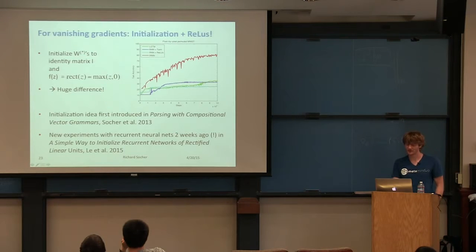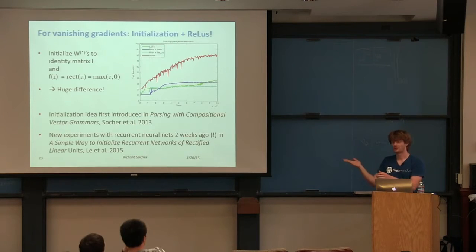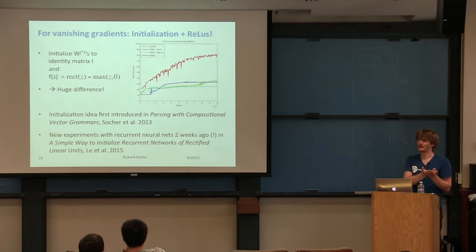With rectified linear units, essentially the derivative is either 0 or 1. When the derivative is 1, you can nicely propagate that error through to previous time steps. And if it's 0, you just stop, and that unit is basically gone. But for those units that aren't set to 0, the gradient nicely propagates all the way to previous time steps.